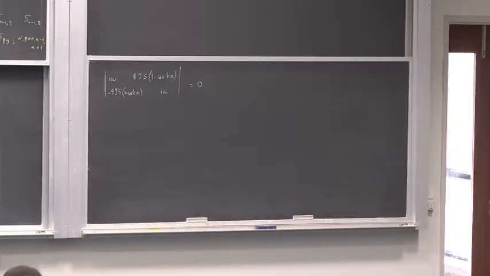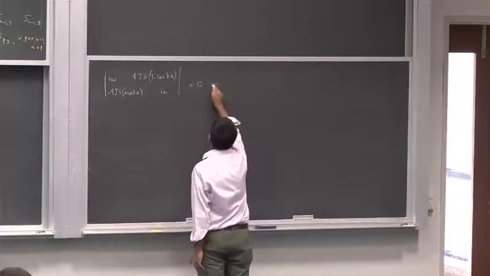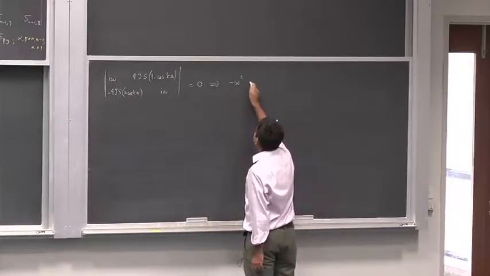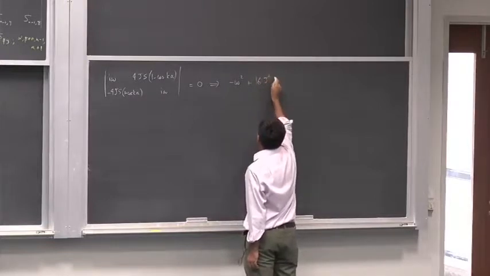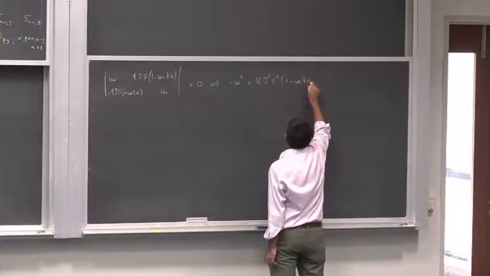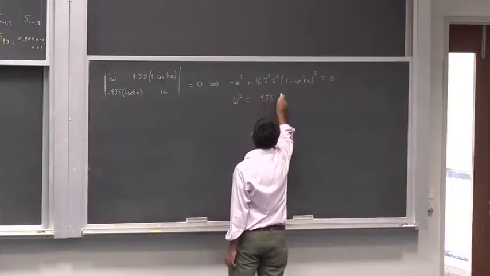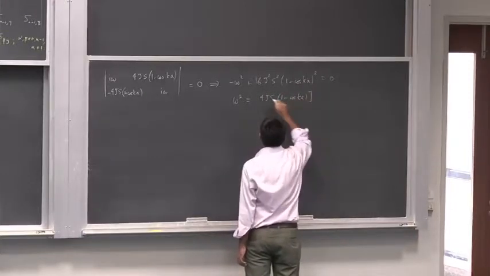I omega b is 4Js. Okay. Now this means I square omega square is minus omega squared minus this, which is plus 16 J squared S squared (1 minus cosine Ka) squared is 0, which means my omega squared is 4Js (1 minus cosine Ka) whole squared.